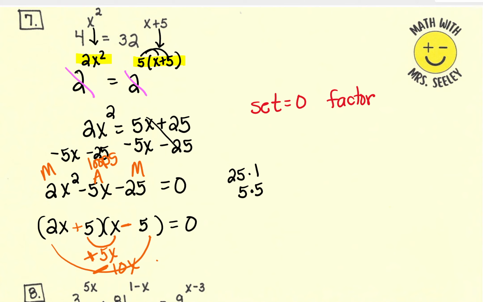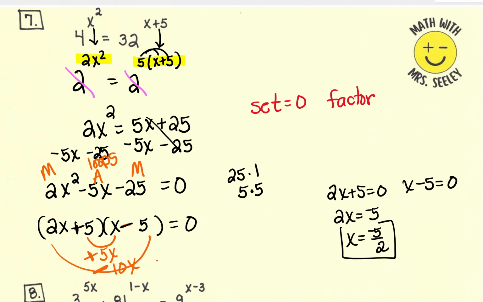So we're good. All right, now let's take each one of those and set them equal to 0. So 2x plus 5 equals 0, and x minus 5 is equal to 0. I'm going to subtract my 5, divide by my 2, and get negative 5 halves. I'm going to add and get 5.